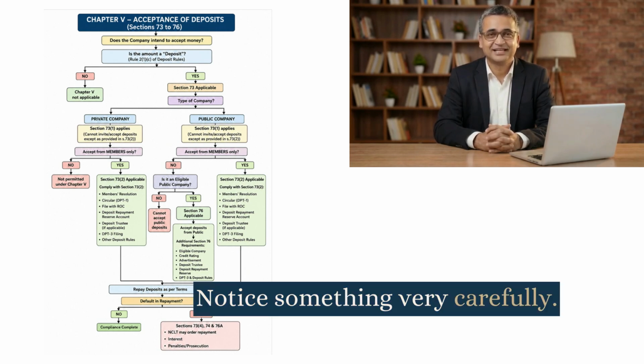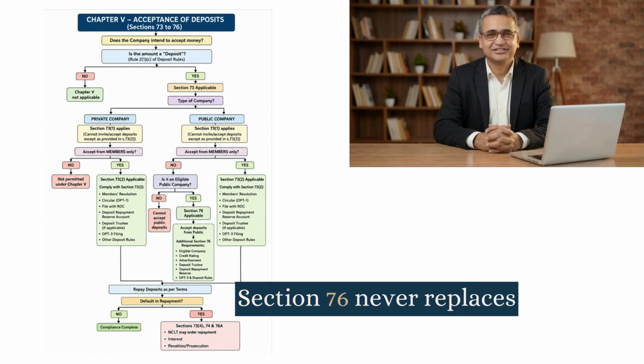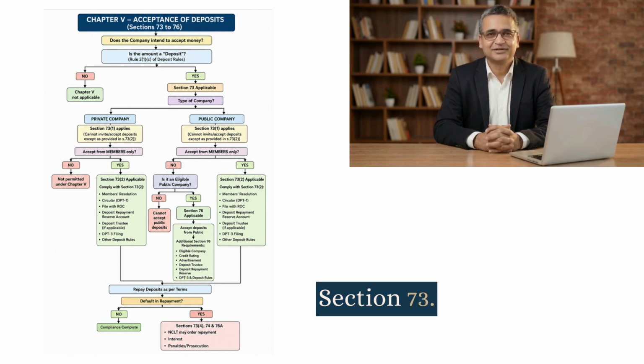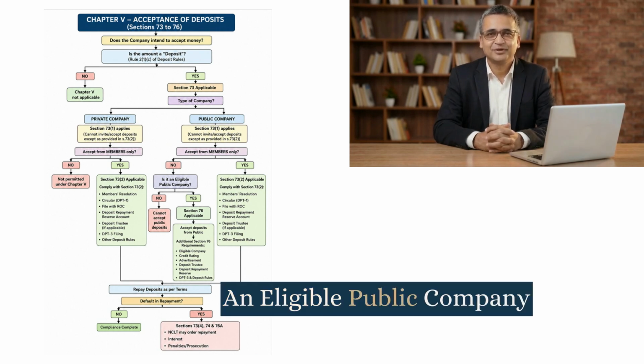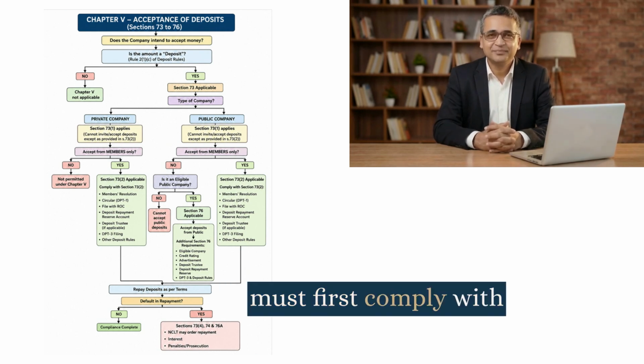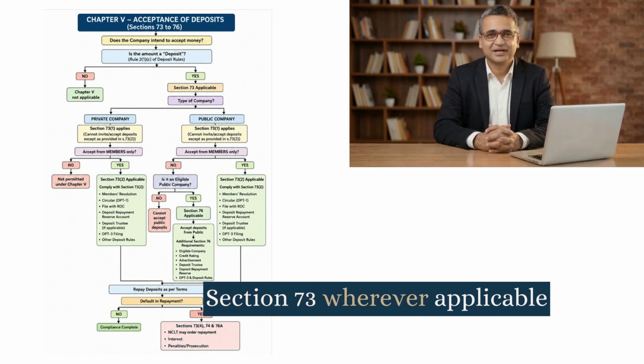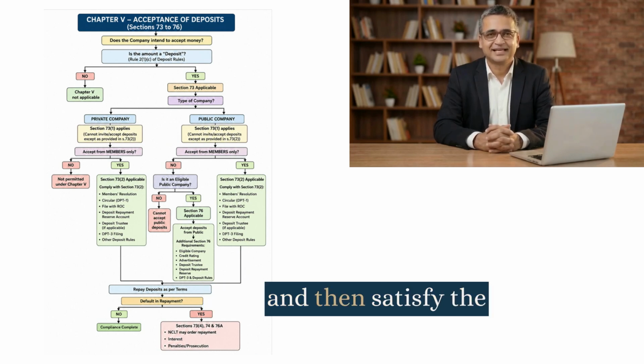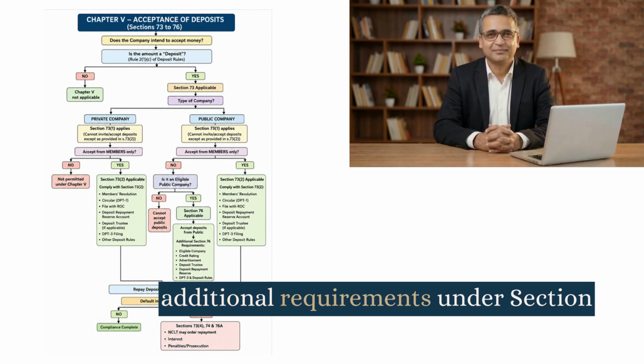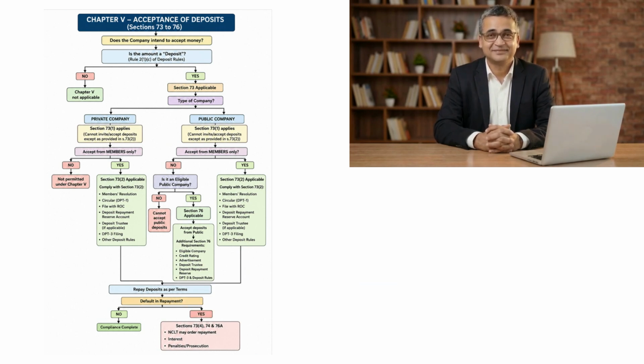Notice something very carefully. Section 76 never replaces Section 73. It is an additional provision. An eligible public company must first comply with Section 73 wherever applicable, and then satisfy the additional requirements under Section 76.